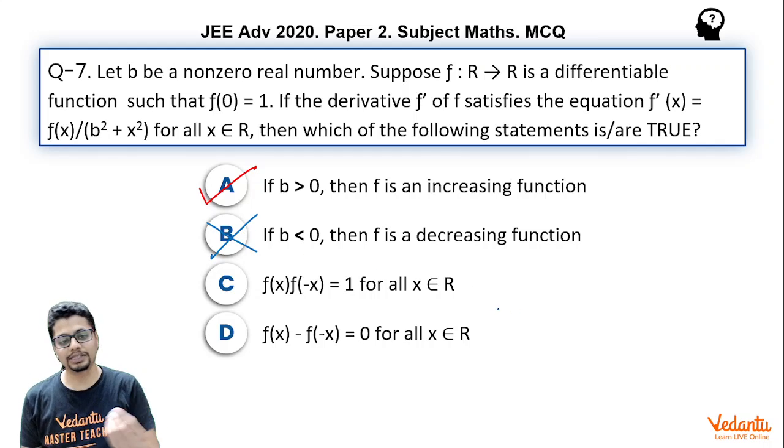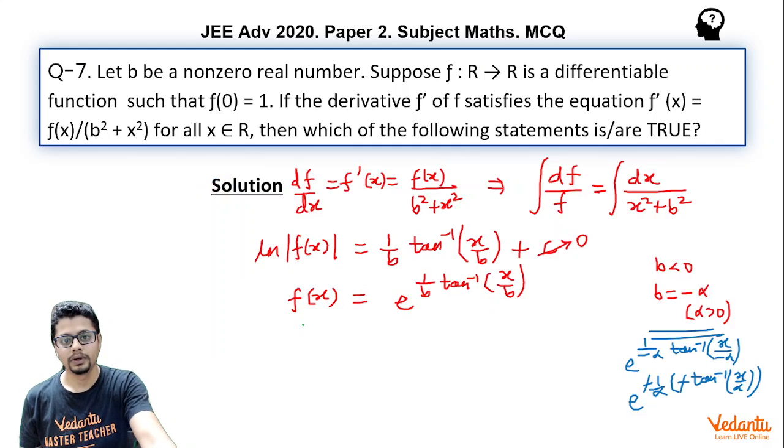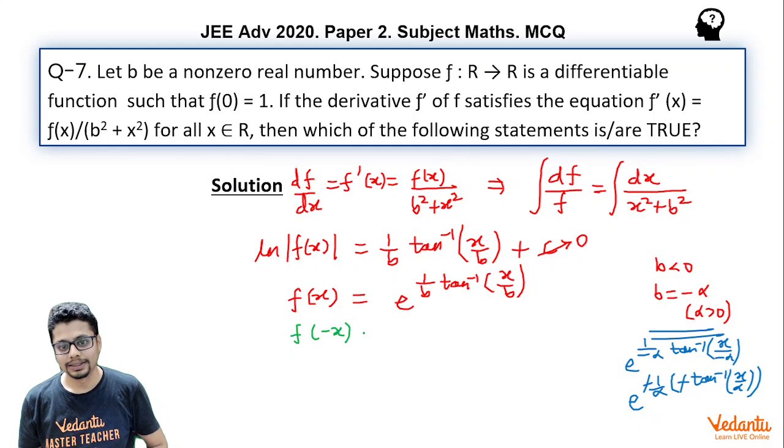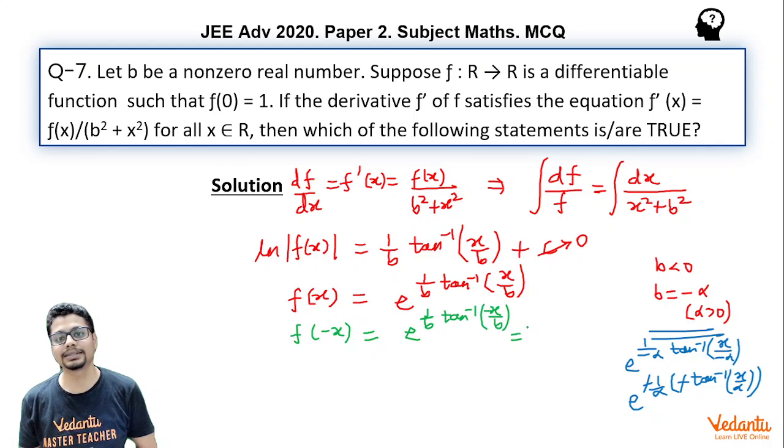Now let's explore the C and D options, which involve f of minus x. f of minus x is equal to e to the power 1 by b tan inverse of minus x by b. As we have already seen, tan inverse of minus x is minus tan inverse x. So it basically becomes e to the power minus 1 by b tan inverse x by b.